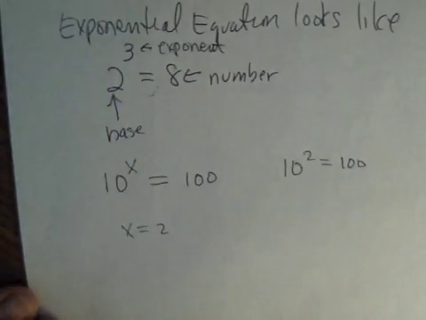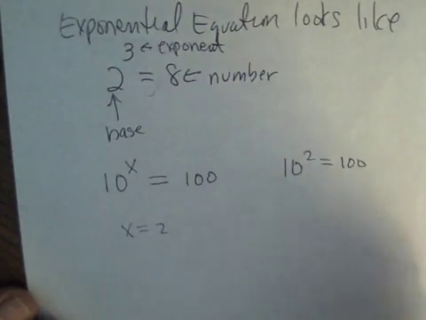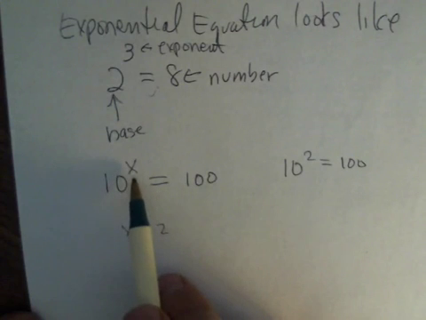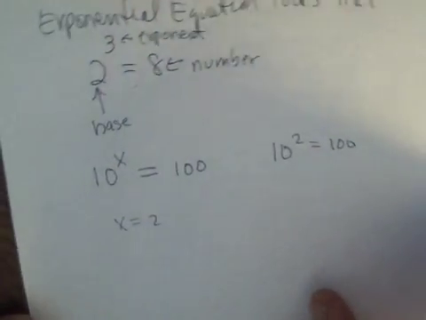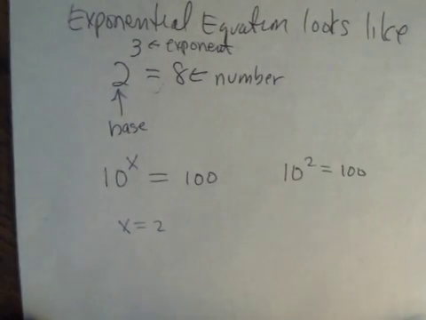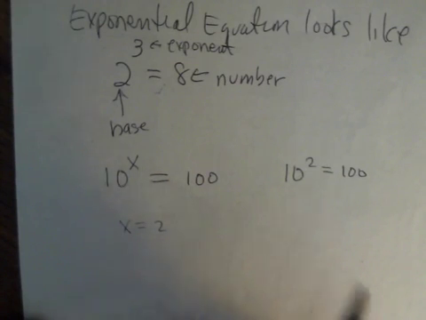Well, that's great, and hopefully you did recognize that. But sometimes we have equations where we don't know the exponent. So how do we find the exponent? The way we find the exponent is by changing the exponential equation to a logarithm.